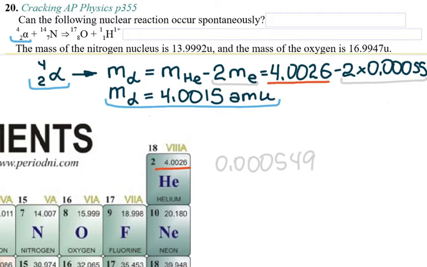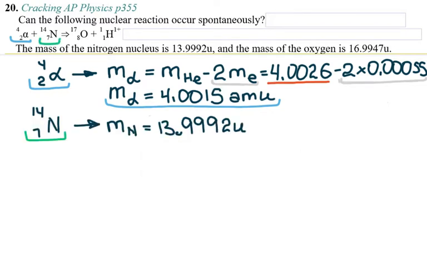I have to subtract 2 electron masses from the mass of the helium. Now, the nitrogen nucleus mass is already given, so I didn't have to do calculations for this number or look for it in the table. It's already given, so I can use that one.